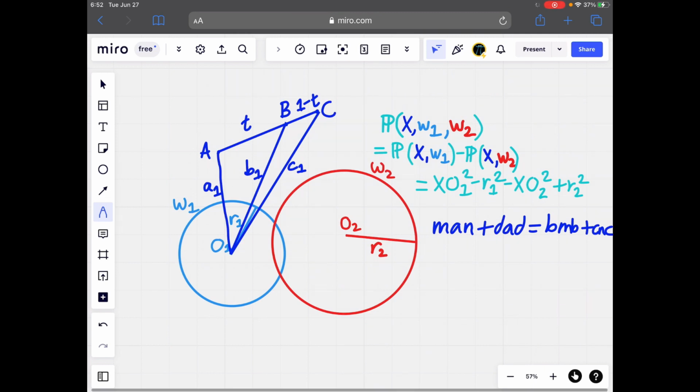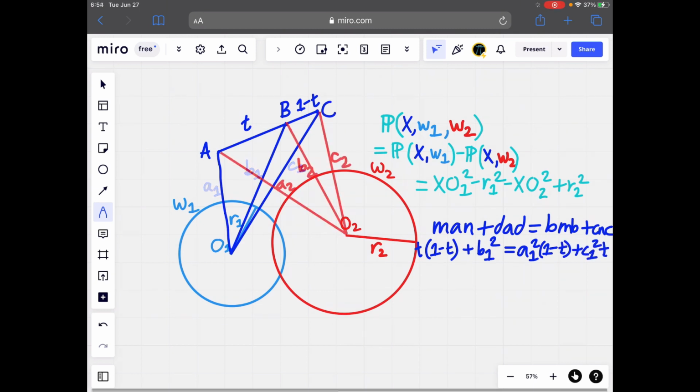Then, by man plus dad equals bomb plus sink, also known as Stewart's theorem, we get that T times 1 minus T times 1 plus B1 squared times 1 equals A1 squared times 1 minus T plus C1 squared times T. We can also use Stewart's theorem on triangle O2AC.